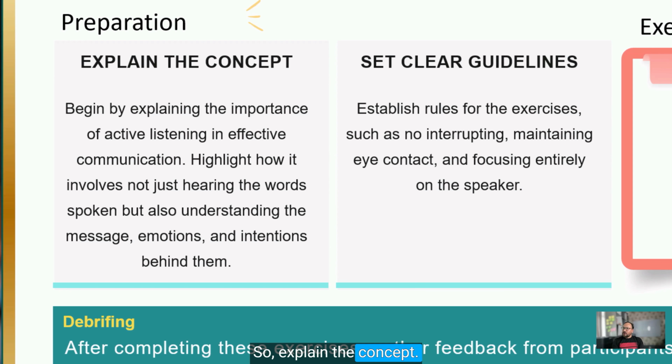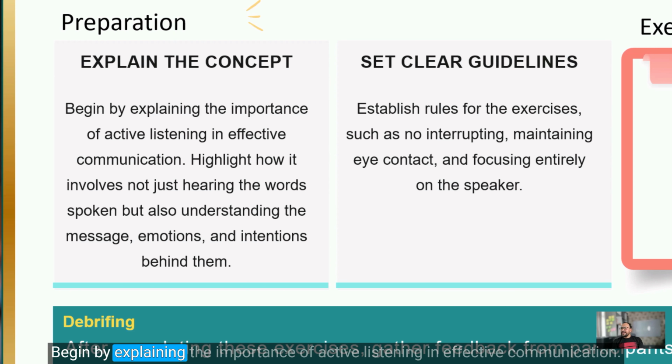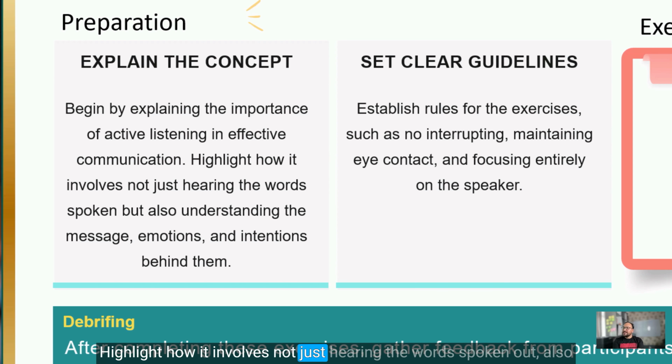So, explain the concept. Begin by explaining the importance of active listening in effective communication. Highlight how it involves not just hearing the words spoken out, but also understanding the message, emotions, and intentions behind them.